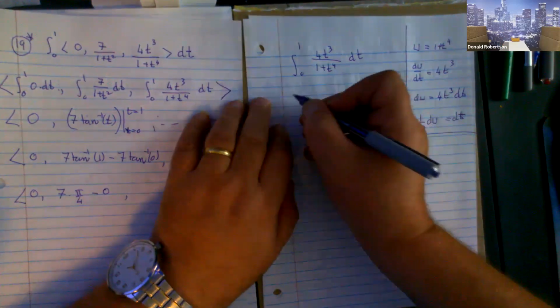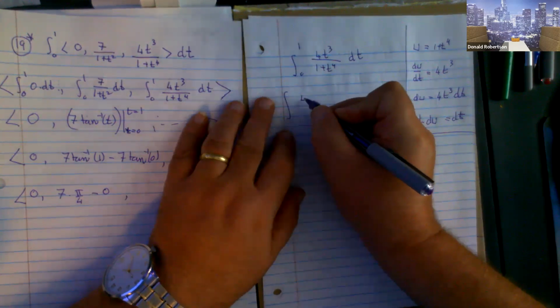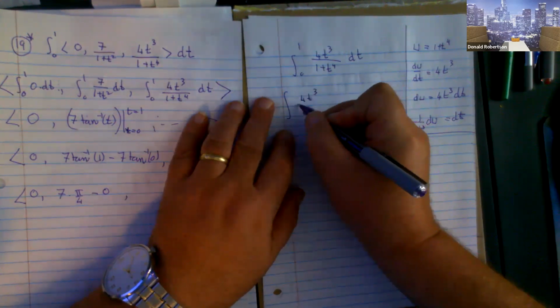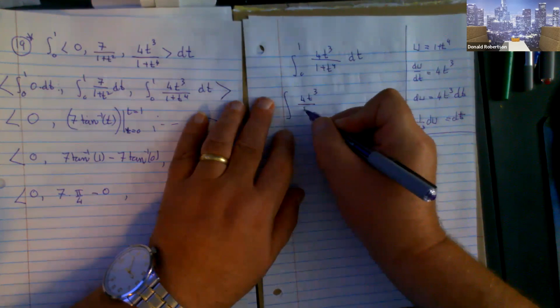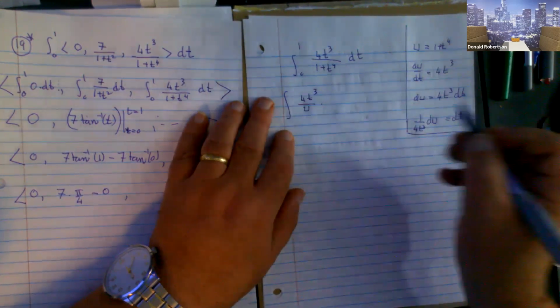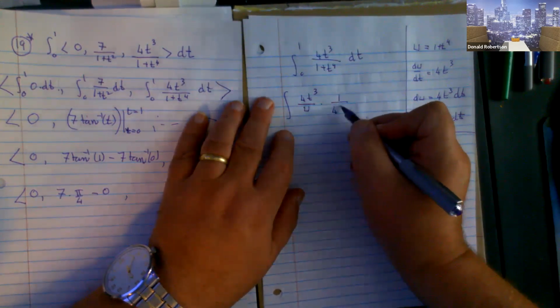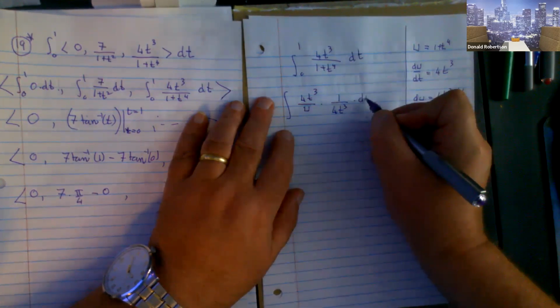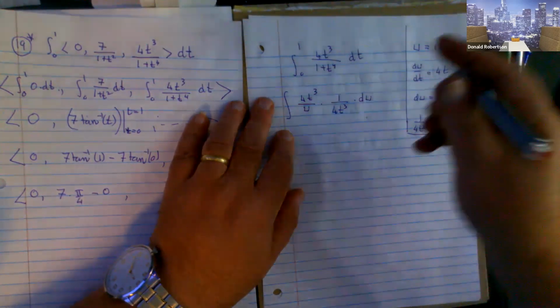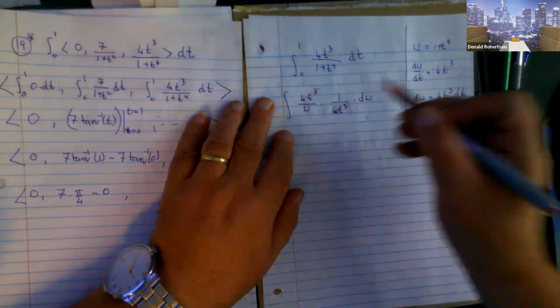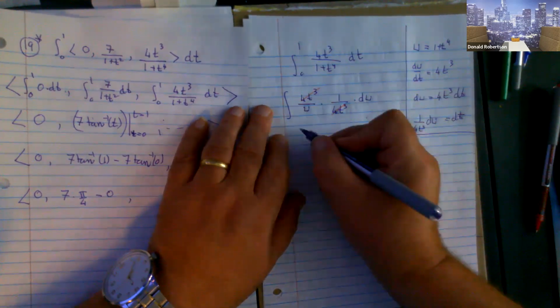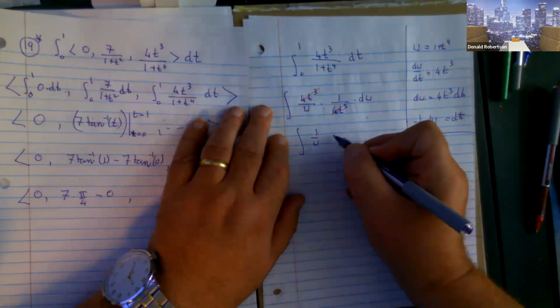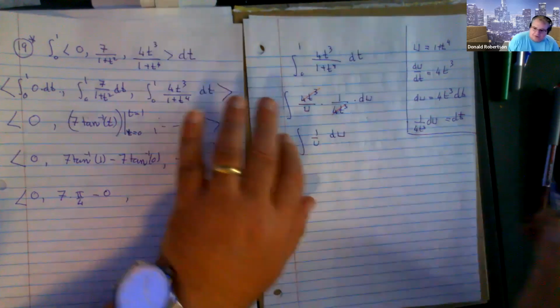So you go over here, and the dt turns into, oh, that's too good to be true, 1 over 4t cubed du. If things work out well, they might not work out quite as nice as this one, but it did. You are now looking at a much simpler integral, right?